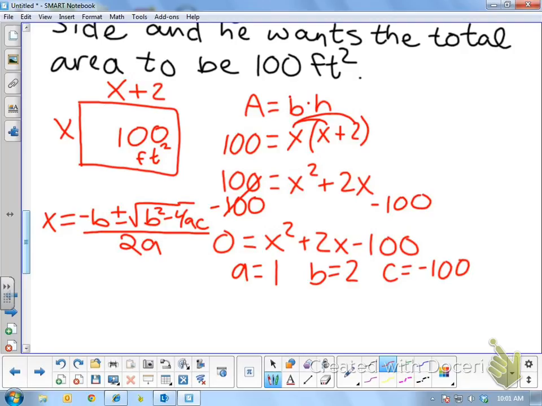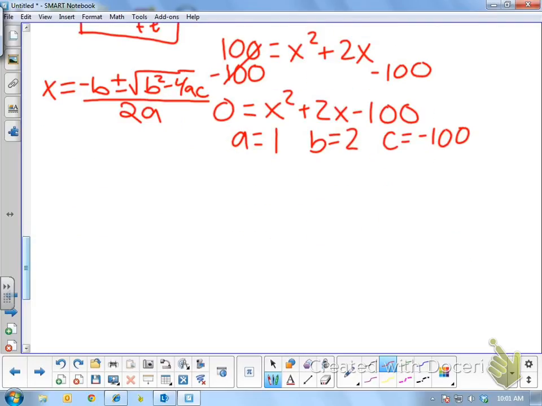And we do not include 0 in this at all. 0 on the other side of the equal sign is not A, B, or C. Sometimes we get a 0 here if one of them is not written, but this 0 that's on the other side of the equal sign is not part of what we're considering to be A, B, or C. So now, we need to plug this into the quadratic formula. Everywhere I see a letter, I need to replace it with the number we said it was.